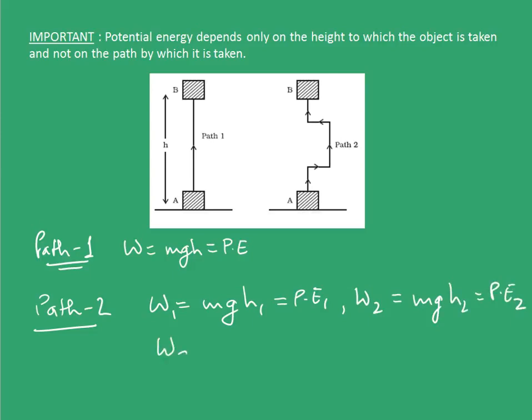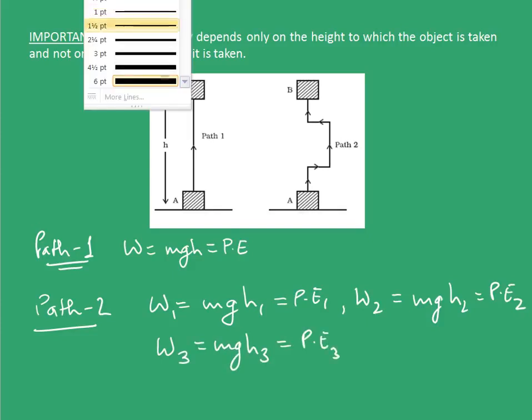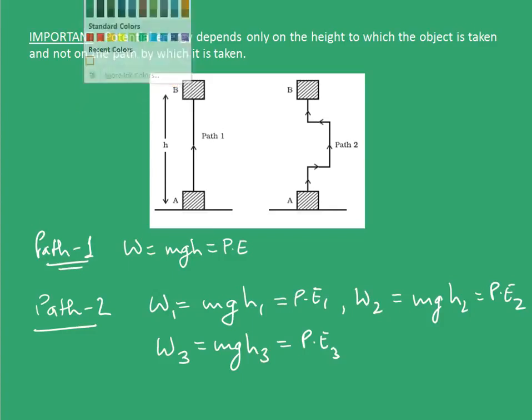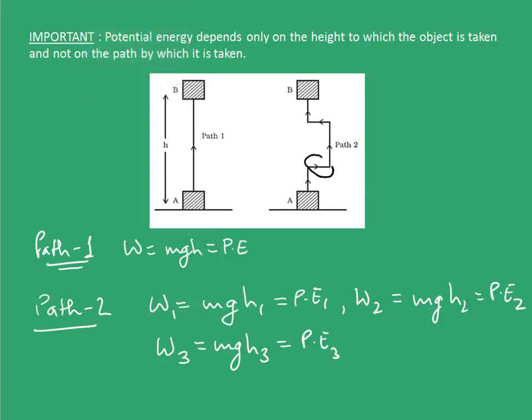In the third vertical rise, it is W3, that is mgh3, which is PE3. When the object is moved in the right direction, the force is acting in the vertical direction and the displacement is perpendicular to it. Therefore, no work is done during these two motions.